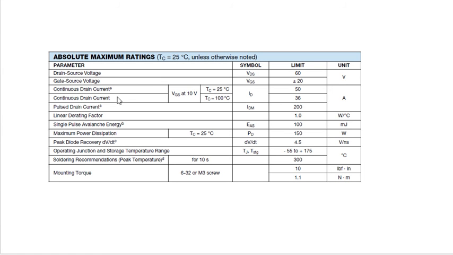Okay, now this is the current rating. This MOSFET can handle up to 50 ampere of current when its case temperature Tc is at 25 degrees centigrade. So you have to maintain this. If the MOSFET starts heating up, then you have to provide cooling to maintain it at 25 degrees centigrade. Otherwise you will not be able to use it at 50 ampere.